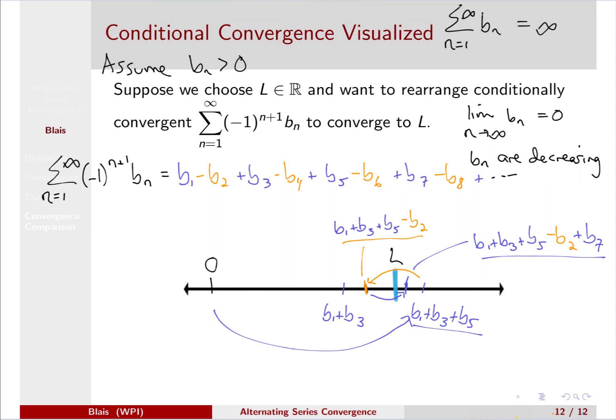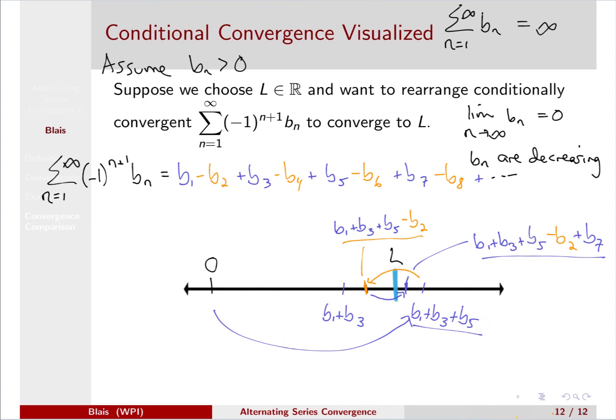And this will manifest itself in a theorem that we will use in the next lecture, which is called the alternating series estimation theorem. This will be a very handy thing to think of, this visualization. But this demonstrates the difference between absolute and conditional convergence. If your series is absolutely convergent, this doesn't work.